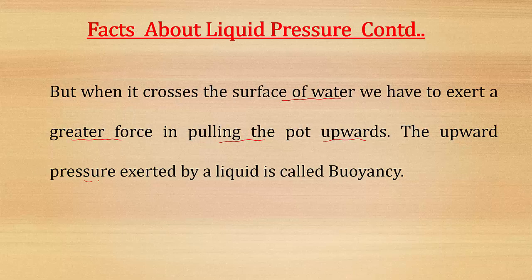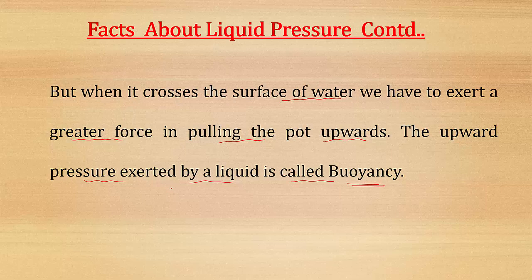The upward pressure exerted by a liquid is called buoyancy. Remember, when your pot is inside the liquid, there is not much pressure because the water itself is applying upward pressure. So much force is not required at that time. But when the same pot comes out of the water, you need more force because there is no water to push it upward.